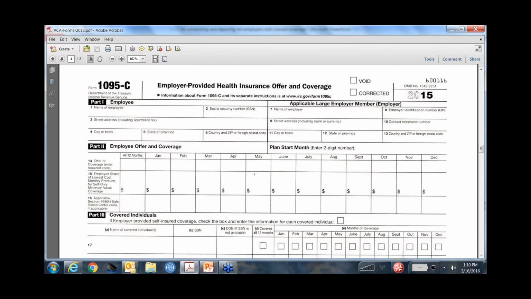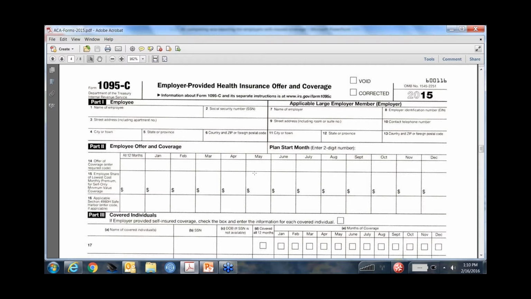For most employers, on line 15 you put the dollar amount of what the employee will pay for the cheapest plan you offer them, and it's only for single coverage. So it's not the plan that they took, it's the cheapest plan that you offered them. If it's the same dollar amount for each month, it goes in the first column.